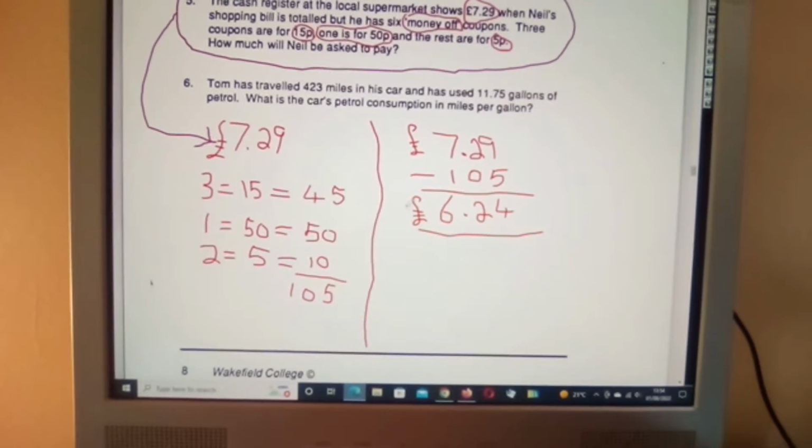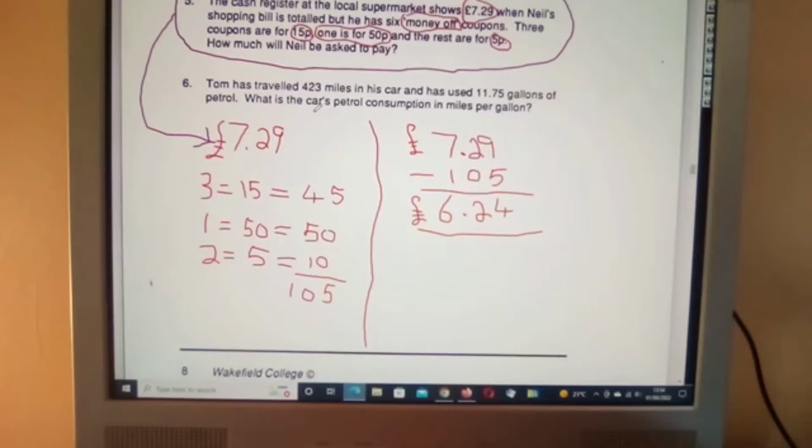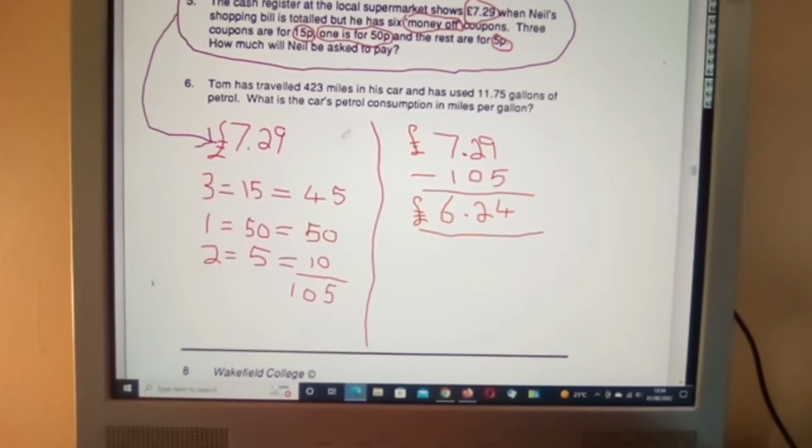Excellent work, thank you. What I want to do is leave that now, and we're going to complete this. So let me do Tom has traveled 423 miles, and let's look at that one now.